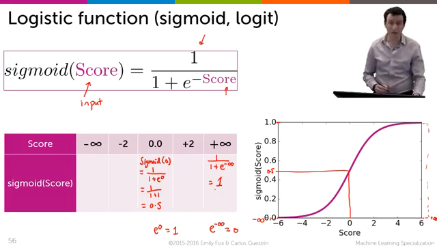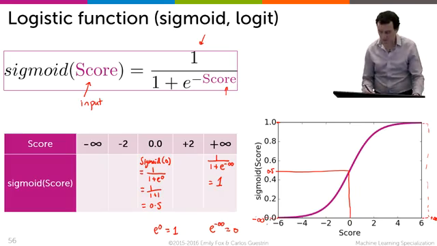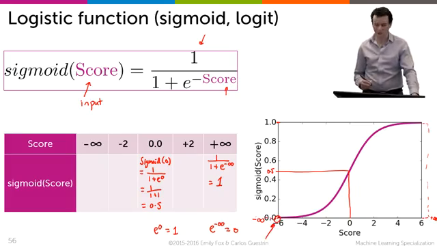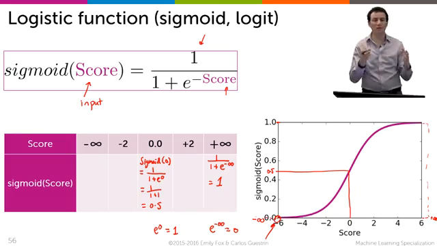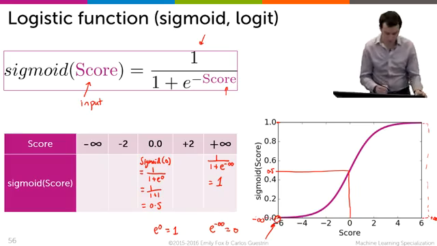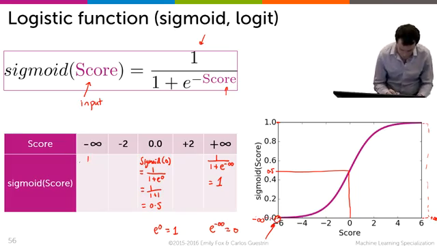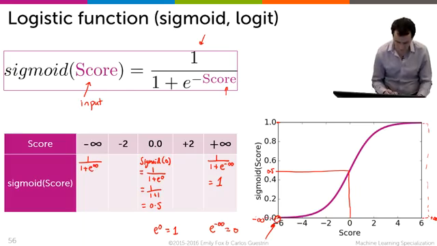Okay, let's go to the other extreme. Let's look at minus infinity. So if the score is minus infinity, as you can see down here, it looks like you hit 0 there. And that's exactly what you want. If the score is very negative, then we want the probability that y equals plus 1 to be 0. And we can plug it into here. 1 divided by 1 plus e to the minus of minus infinity is e to the infinity.